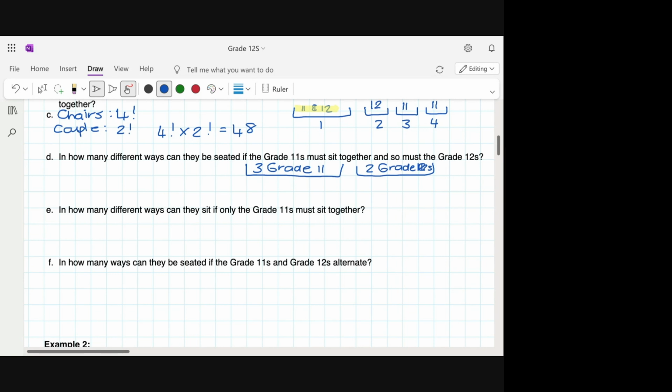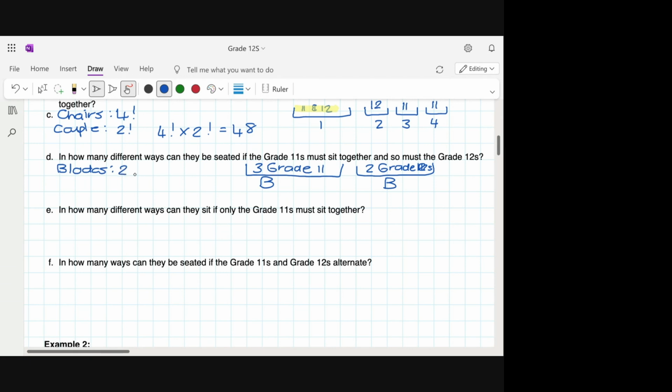So, first of all, this is a block, and this is a block. So I like to make lists to help myself. So in terms of blocks, how many blocks have I got, guys? Come on, grade 12s. Thank you. 2 blocks.